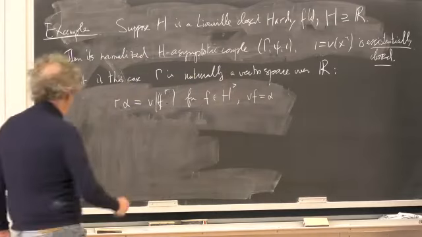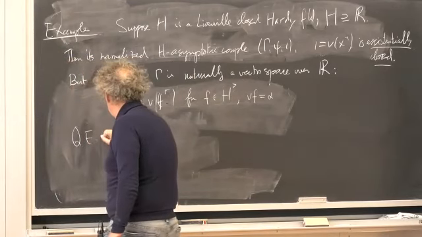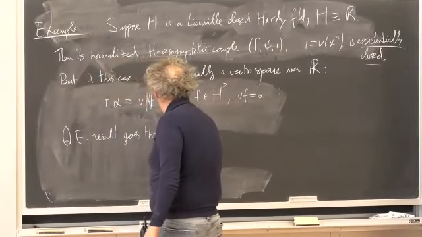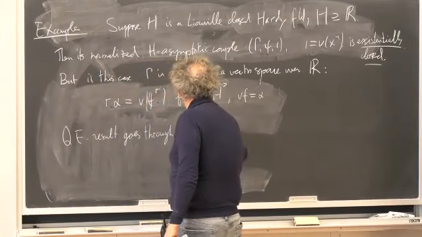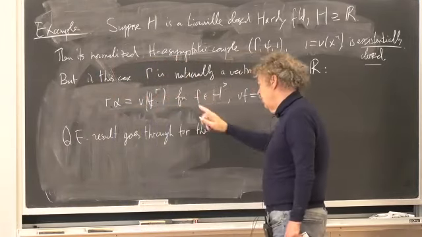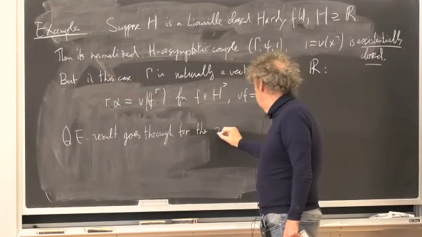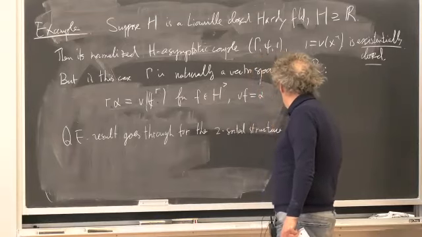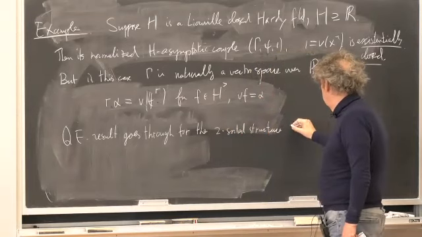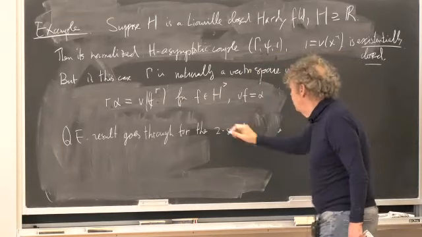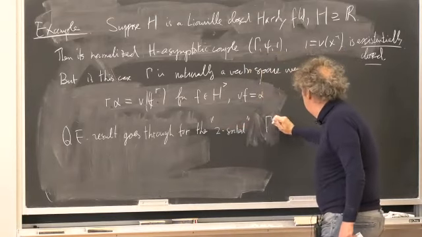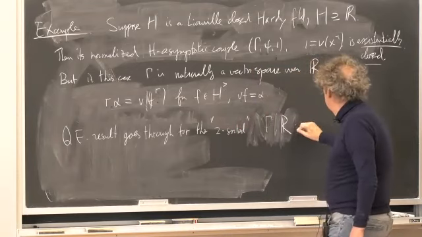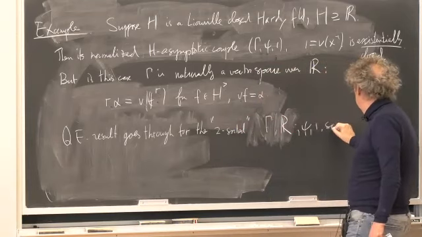So the QE result goes through, and again this plays a role in certain contexts for the two-sorted structure, let's say gamma, R, psi, one, and then the scalar multiplication.